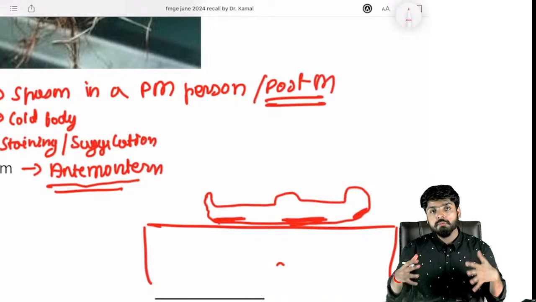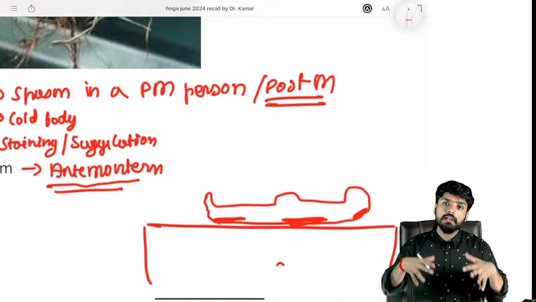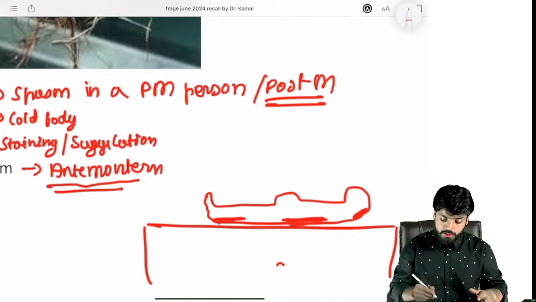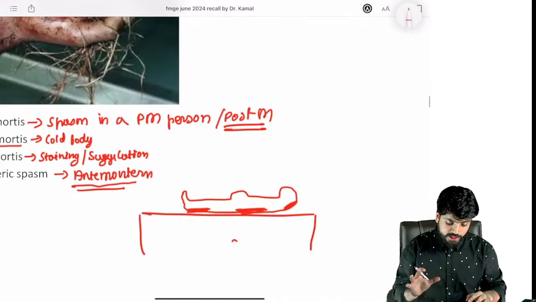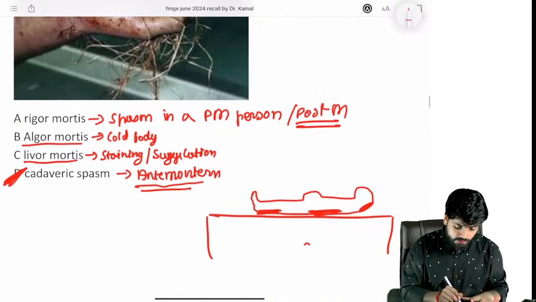So now the blood flows according to gravity. All the blood will settle down and give a characteristic coloring or shade to the skin. That is known as livor mortis.